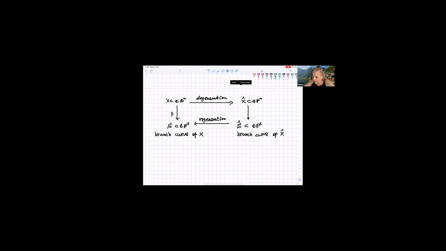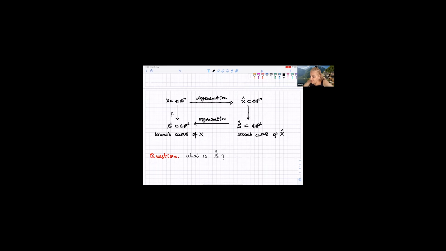And we remember that we have a surface X, we have the branch curve S, but right now we degenerated our X into X hat, which is a union of planes. But now we want to see what is the branch curve S hat of X hat? So this is our next question. What is S hat?